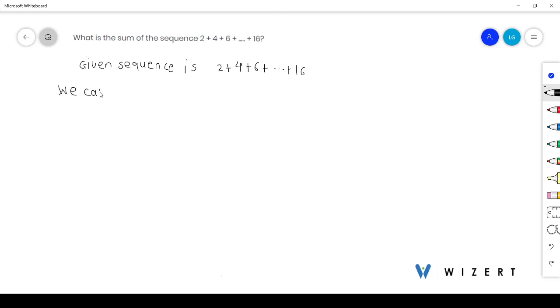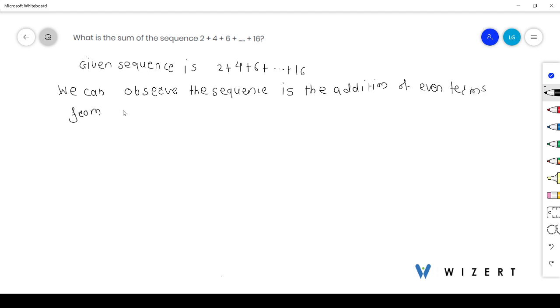We can observe the sequence is the addition of even terms from 2 to 16.